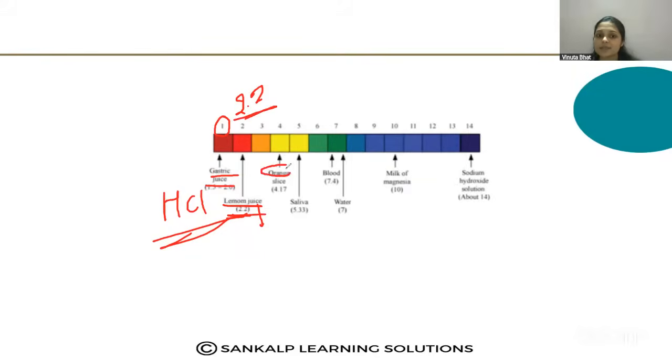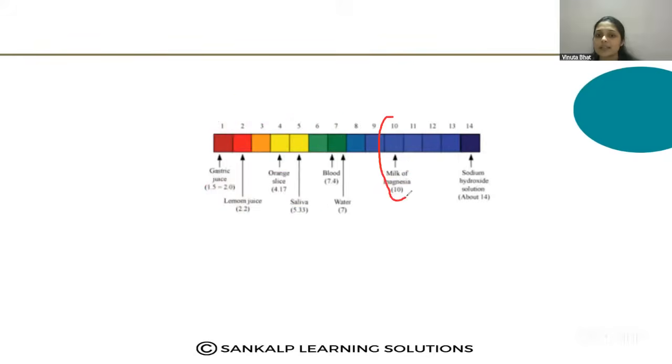Orange slice, so that is having the 4 pH. ಇದನ್ನ pH scale ಅಂತ ಕರಿತೇವೆ ಅಲ್ವಾ. ಈಗ ನೋಡಿ, saliva, so that is present in our mouth, that is having the pH around 5. Okay, and the pH of our blood is 7, and water should be 7. And milk of magnesia, very important, the pH of the milk of magnesia is 10, that is a mild base, not a strong base, a weak base.